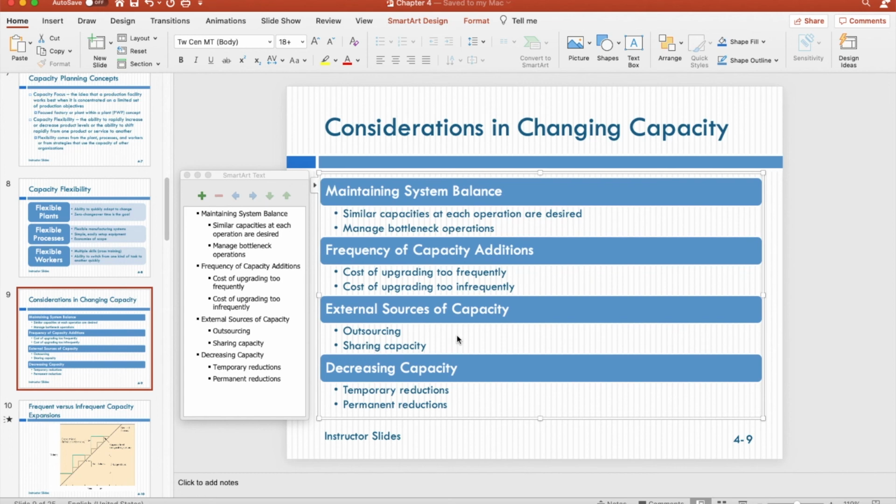But it also has some drawbacks. If you use outsourcing to improve your capacity management, you are losing some monitoring, you are losing some control. Because you're outsourcing, you may not be 100% sure about the outsourcing procedure.